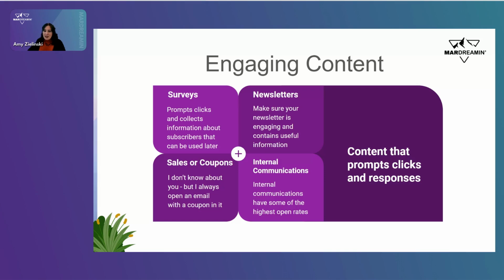Surveys are a good option because they prompt clicks and they collect information that you can use at a later time. Newsletters. If you choose the newsletter route, which is probably the easiest route to go, make sure your newsletter is engaging, contains useful information, and potentially pulls in some information about that person to make it more relevant to them.